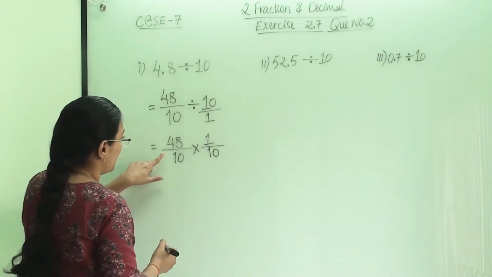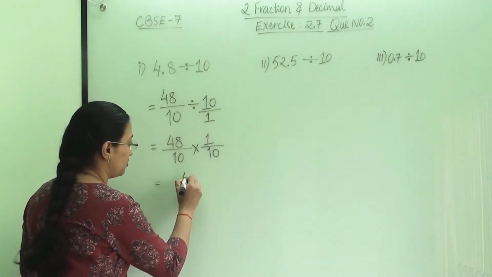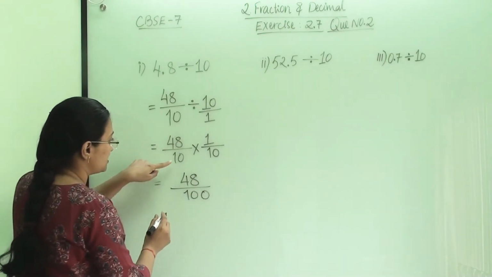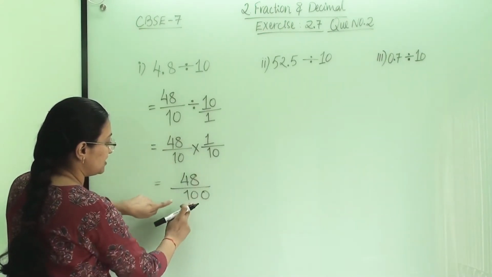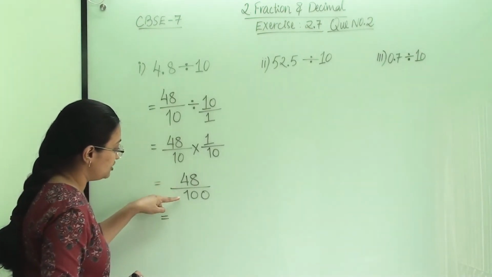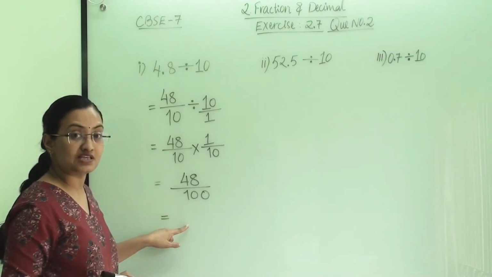So this division we have converted into multiplication. So here we got 48 over 100, because here 10 into 10 is there, so we got here 100.